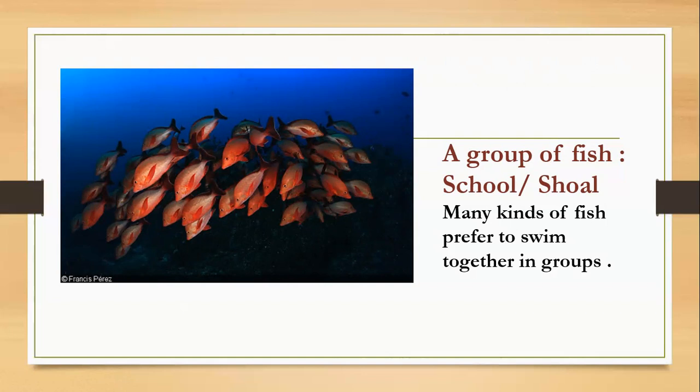Like the students, the fish also swim together in the same direction in a coordinated manner. Like you all move in the same direction in a disciplined way, the same discipline these fish too carry in their action. That is why we call them a school or a shoal. This is extra information just for you to remember.